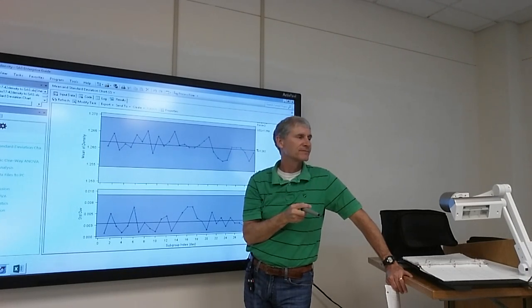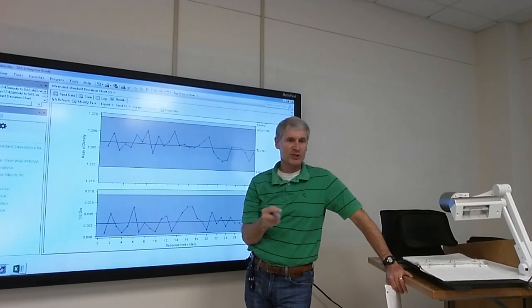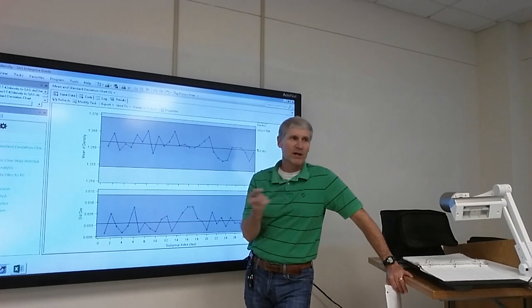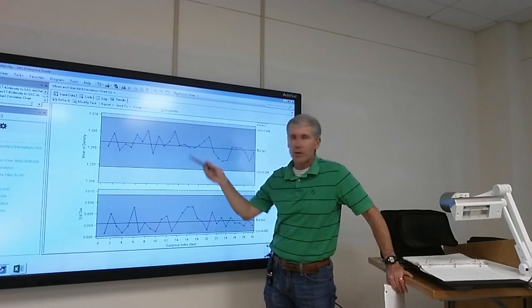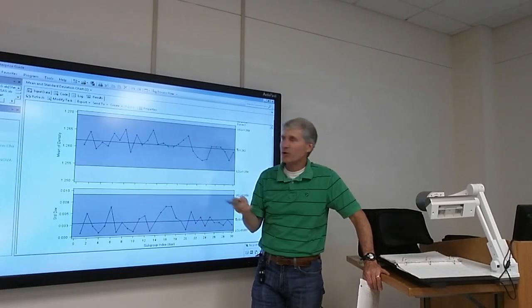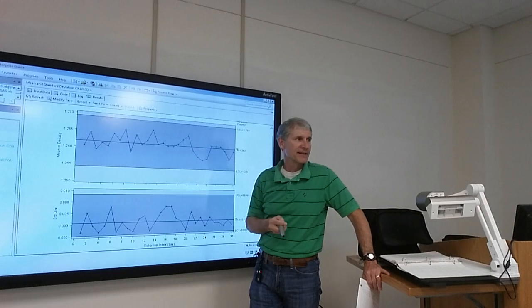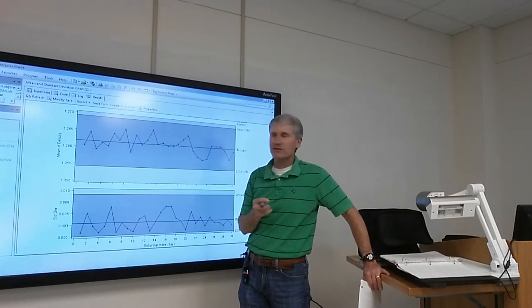Like a power shortage, like the lights went out, and so the machine was shut down and had to boot back up. Then you don't worry about that point being out. You've identified why it went out, not an issue. But if you can't figure out why it went out, it's probably a calibration issue. There's probably something going on you need to look into.